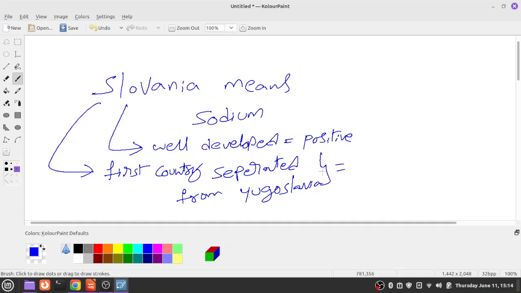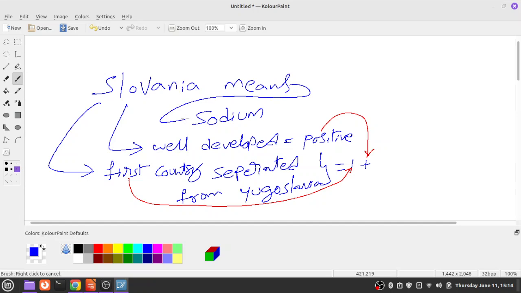So it is one plus. First means one. You are linking this first with one. Positive development, positive with plus sign. And sodium with Na.